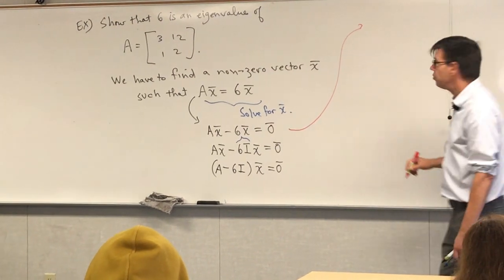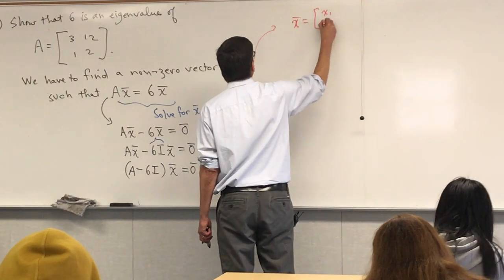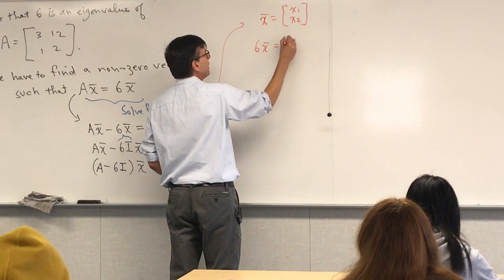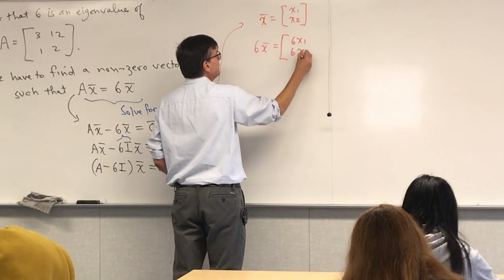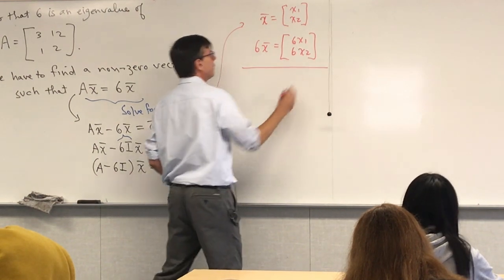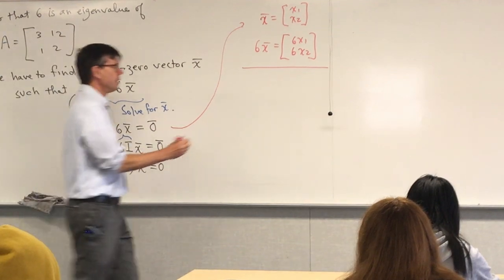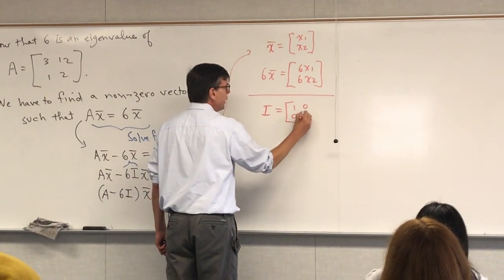x has just 2 components here, right? So 6x is just 6x1, 6x2, right? I here is the 2 by 2 identity matrix.